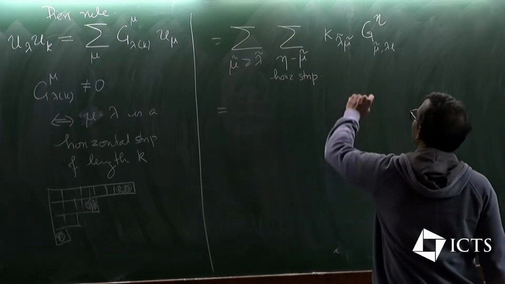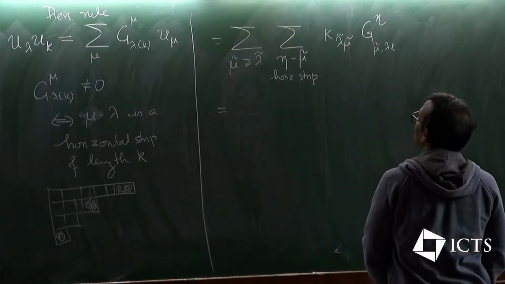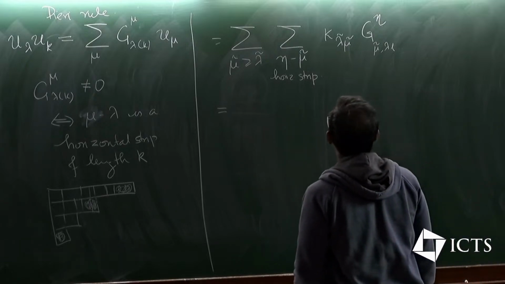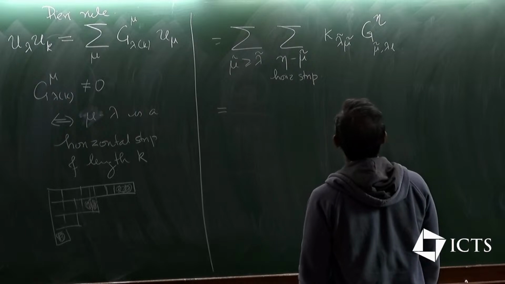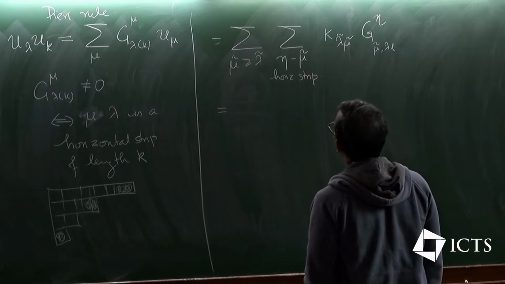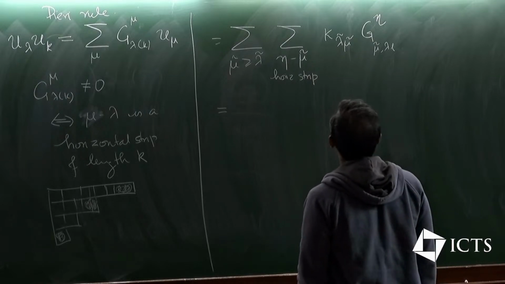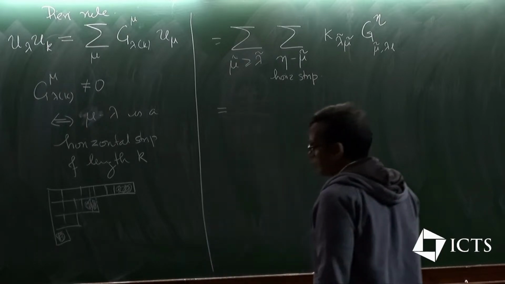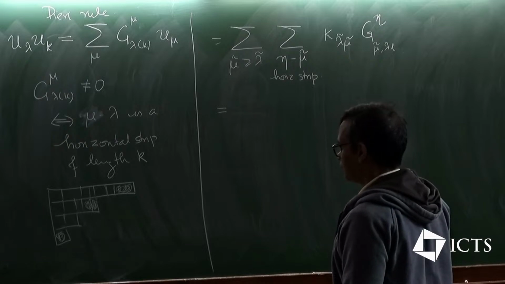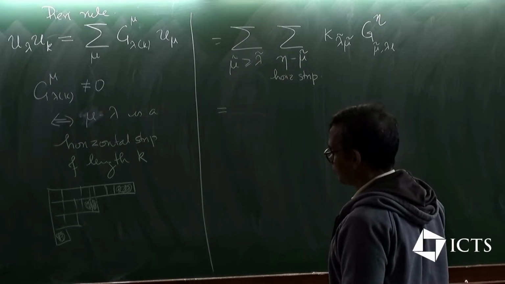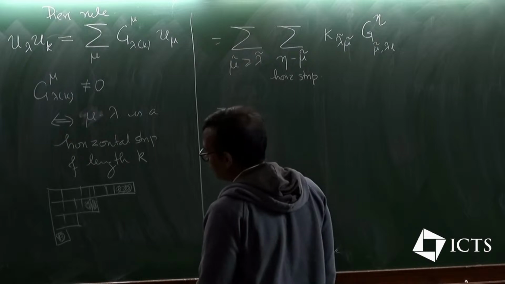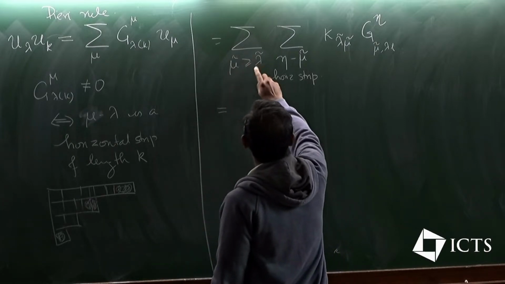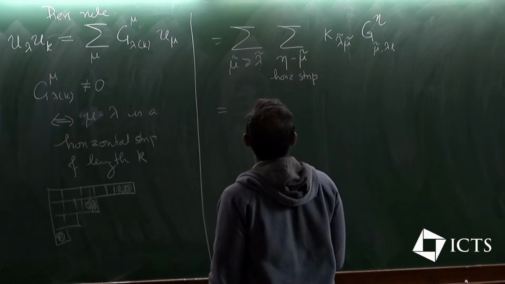So if you look at eta equals lambda, what is it? Eta equals lambda you can get in only one way from these steps, which is taking mu tilde to be equal to lambda tilde, and taking eta minus mu to be a horizontal strip.